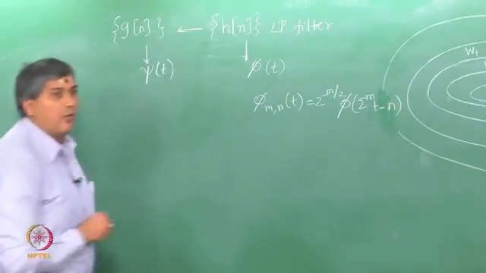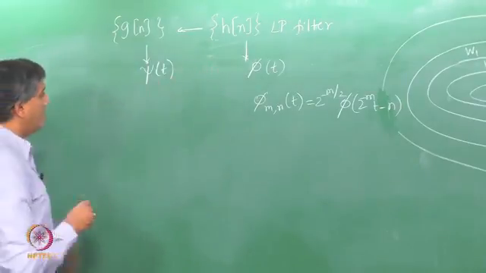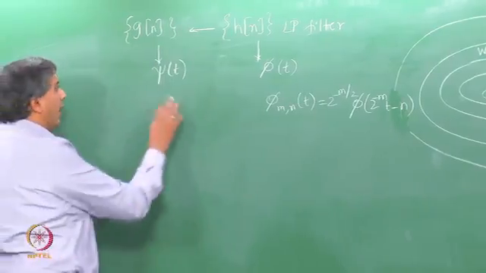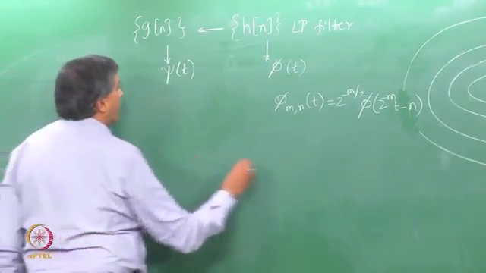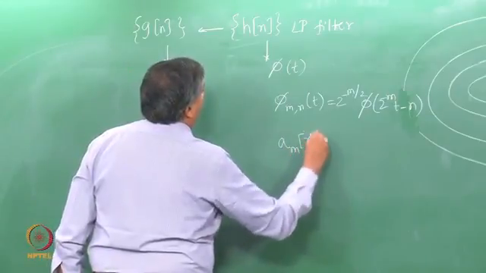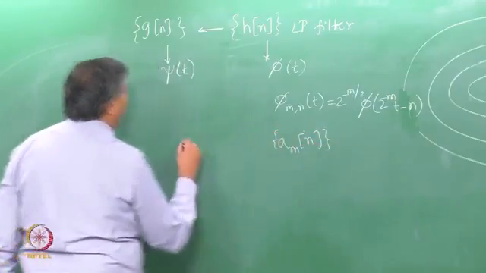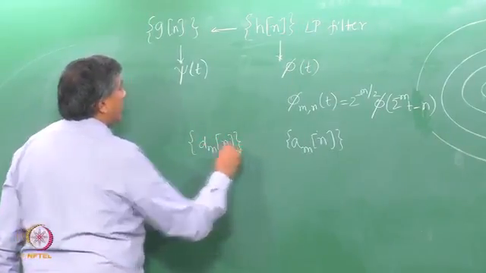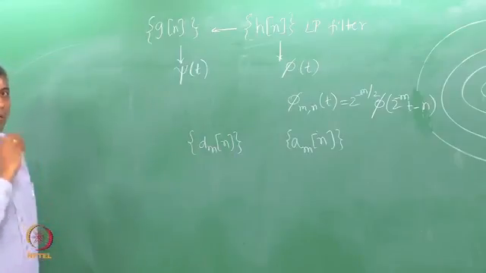I know this, and likewise for the wavelets. So, once I have the scaling functions and the wavelets, I can construct a m of n, the approximation coefficients, and the associated detail coefficients at any scale.